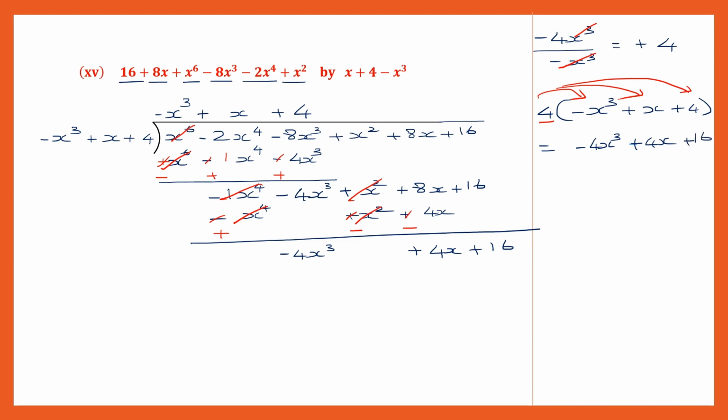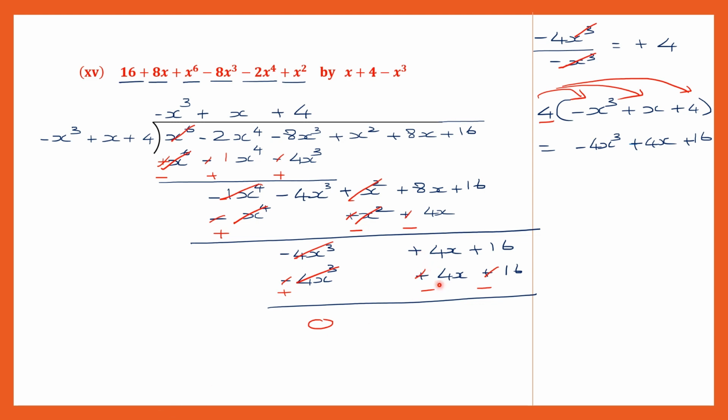Now I'm going to take this and write it below here. So it becomes minus 4x cube plus 4x plus 16. Now let's change the sign for everything. So this is plus, this becomes minus and minus. Now the minus 4 plus 4 will get cancelled. So I have a 0.